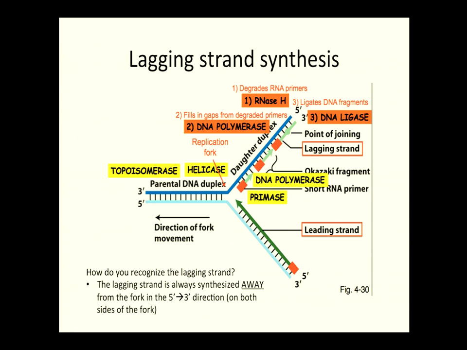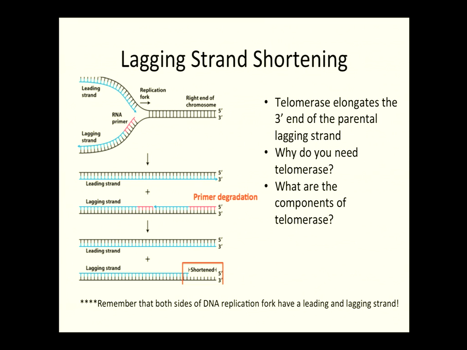So if you have open ends of DNA, nucleases come in and start breaking down the DNA. So the solution that your cells have is telomerase. Okay. Yeah, just to reiterate, if you did not have telomerase, you would have this open end of DNA.